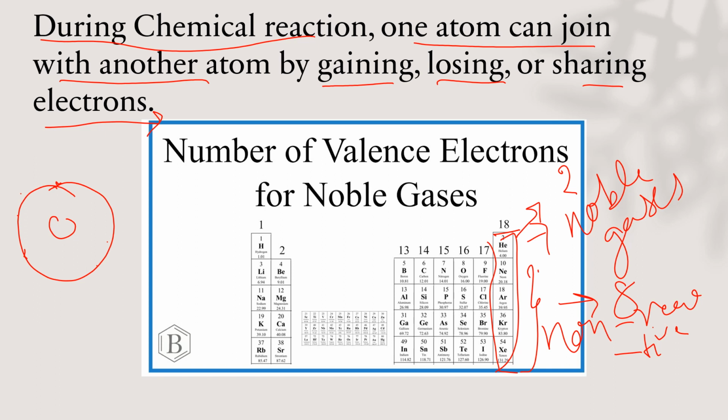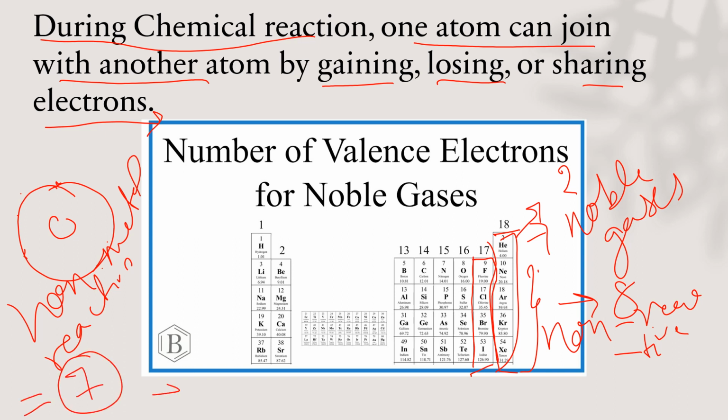If you look at group number 17, although they are non-metals, they are highly reactive, since the number of valence electrons in this group is 7.